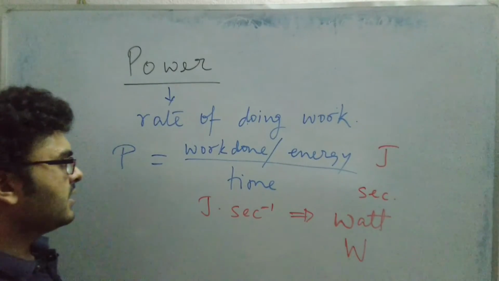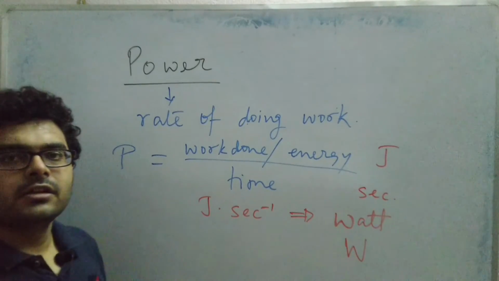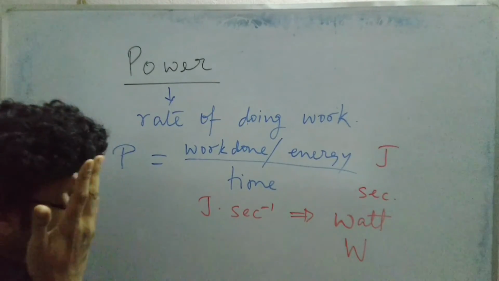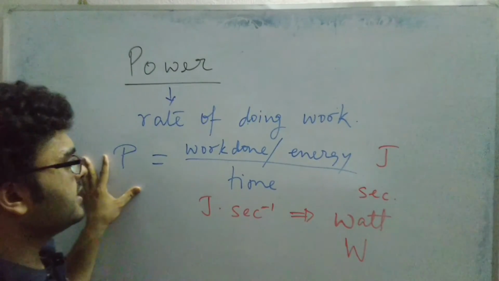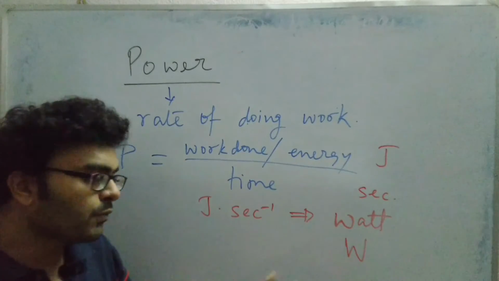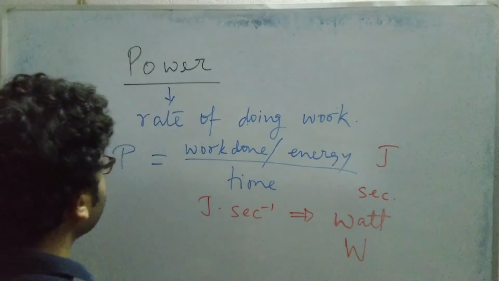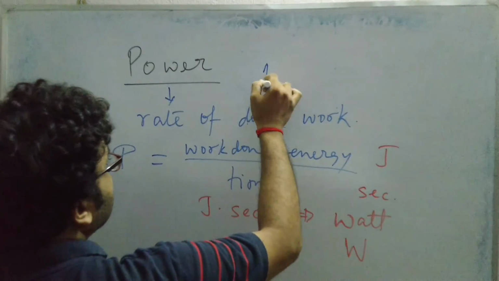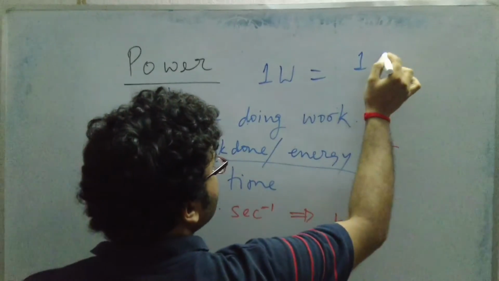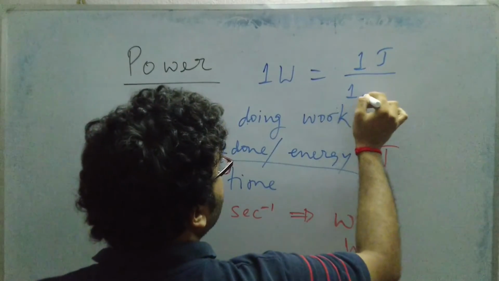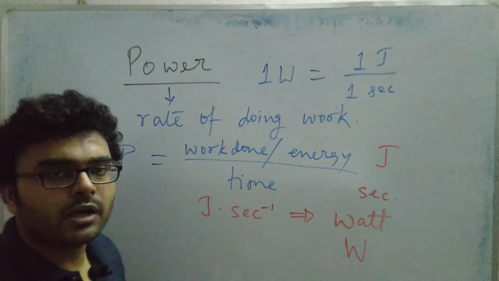So I think you can define watt as we have defined joule. Obviously, from the mathematical relation you can define 1 watt. When a work of 1 joule is being done in 1 second, then the power developed is said to be 1 watt.